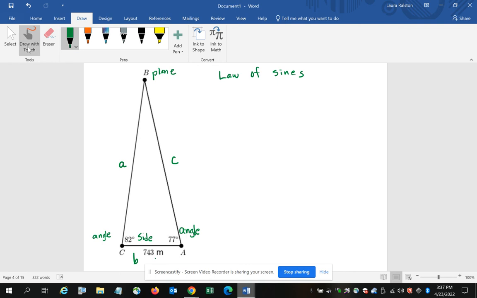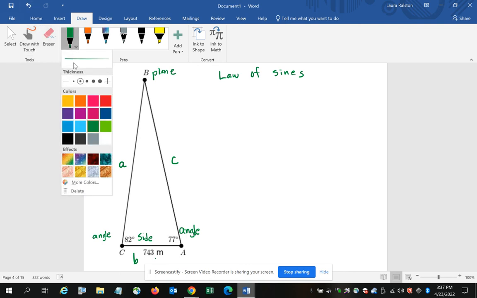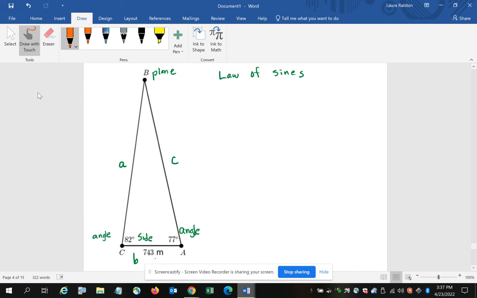I'm ultimately looking for side A. Okay, this is the one we're looking for. So I would have side A compared to the sine of angle A, and I know side B compared to the sine of B.